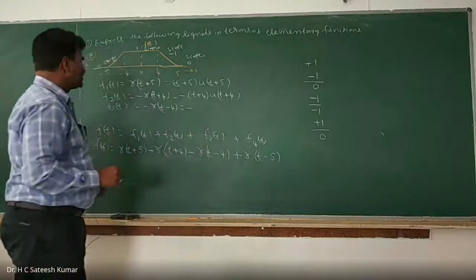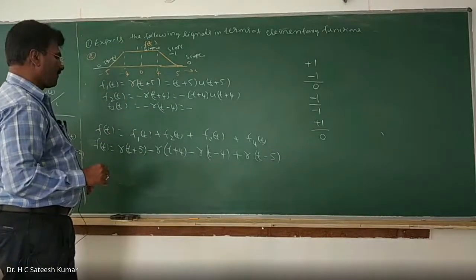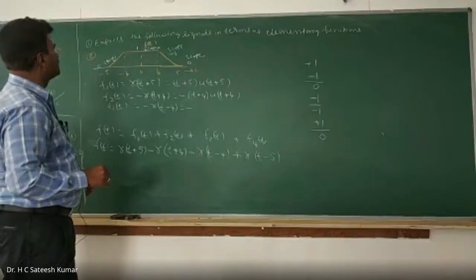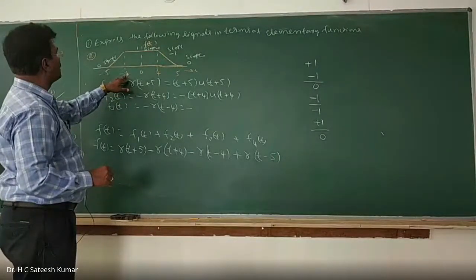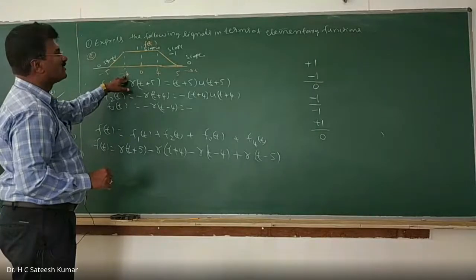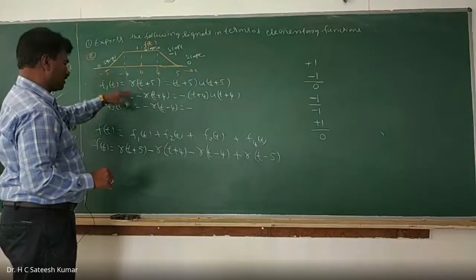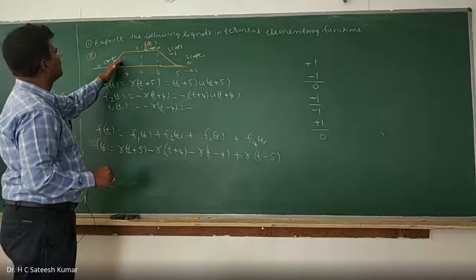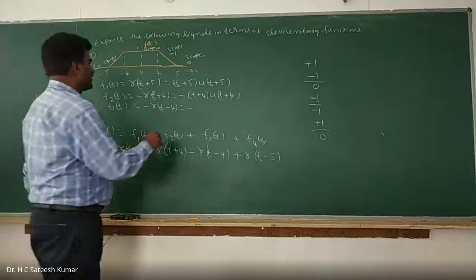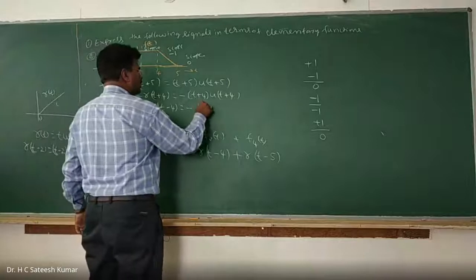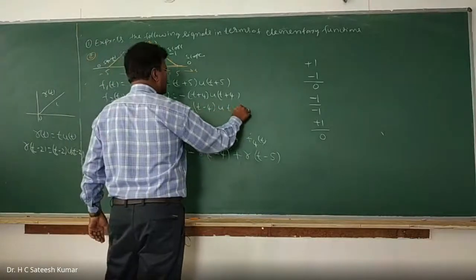Starting from 4, what is that we should add? Yeah, correct. Minus r of t minus 4, which is minus of t minus 4 into u of t minus 4.